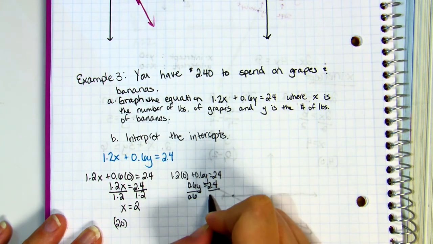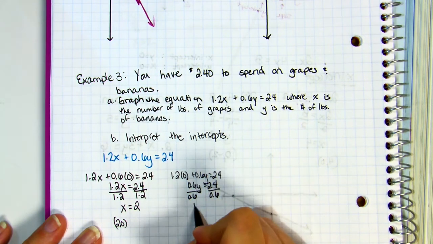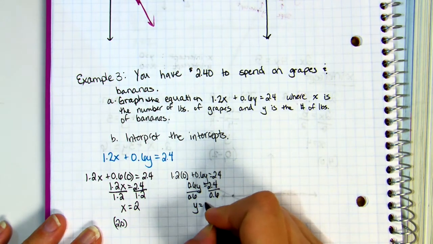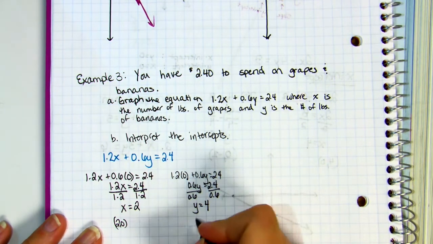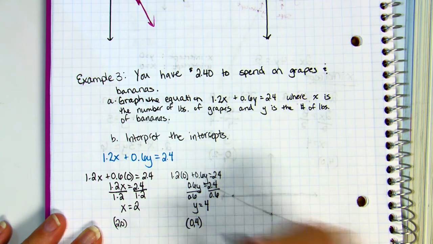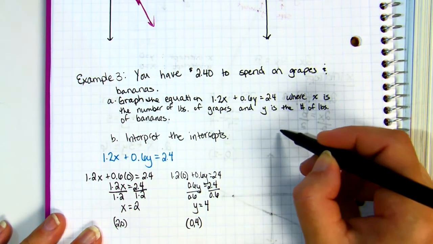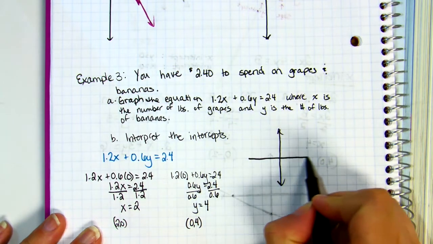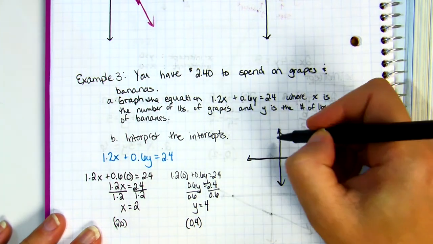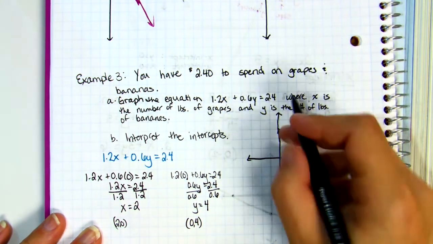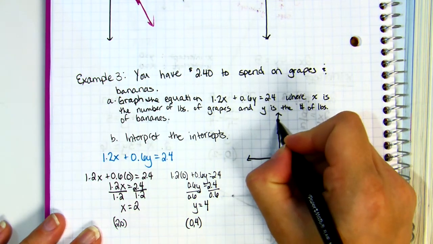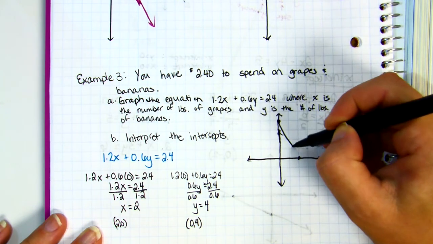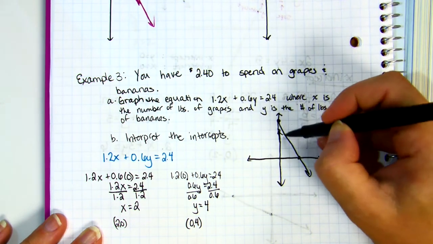Divide each side by 0.6, and I'll get y equals 4. So my y-intercept is 0, 4. So if I want to graph this, well, again, I did not make this quite tall enough. There we go. So 0, 4 is my y-intercept, 2, 0 is my x-intercept, and here's my line.